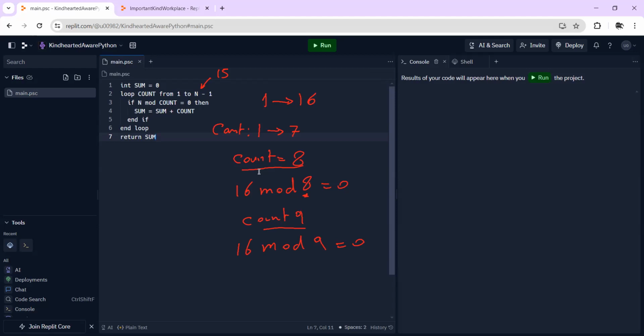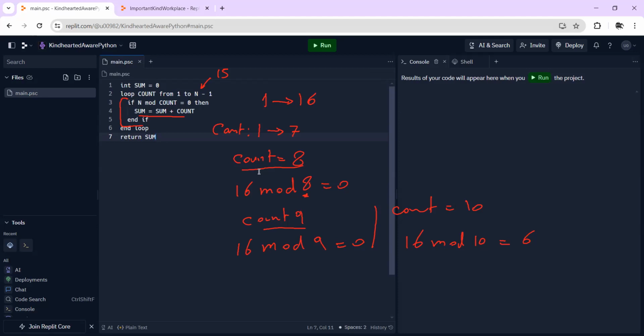So it is not going to be summed, right? Yes. But then when the count equals 10, 16 mod 10 equals 6. Good. So it will also not be counted, right?